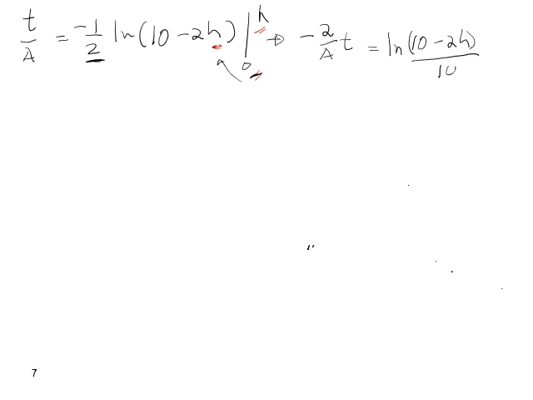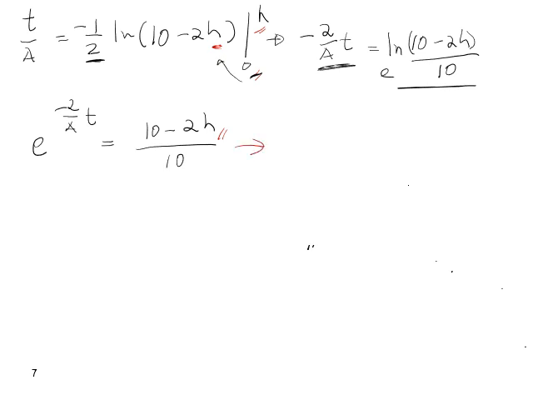So divided by 10. Okay, and now I can take e to both sides, e to the left and e to the right. So I will have e to the minus 2 over A times t equals, if you take the exponential here, 10 minus 2h over 10. My objective is to solve for h, so I just have to rearrange.